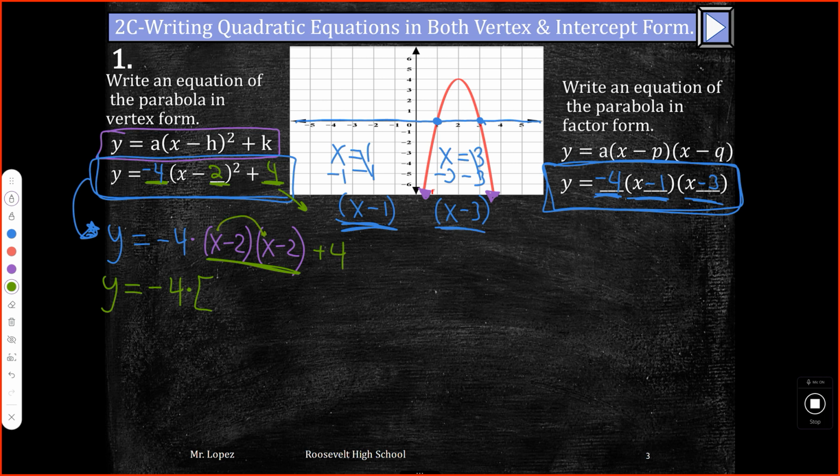Let's go ahead and do that. x times x is x squared. x times -2 is -2x. Then we got -2 multiplied by x is -2x. And then finally we got -2 times -2 is +4. And let's close this. Let's bring down again the +4.